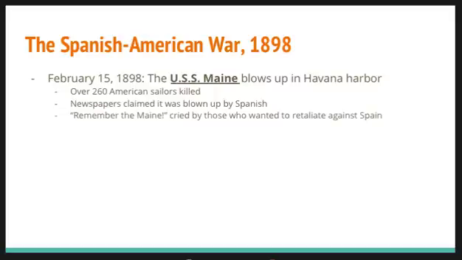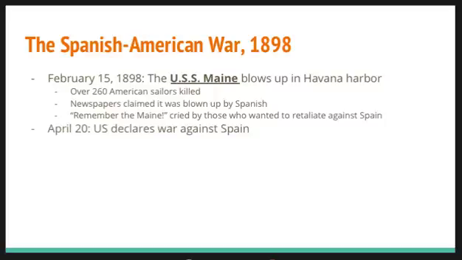And newspapers and others were crying, "Remember the Maine," particularly those who wanted to retaliate and get their revenge against Spain. Later studies have shown that the explosion on the ship was probably internal and not external. So the ship blew up because they just made some mistakes. However, we couldn't confirm that until much, much later.